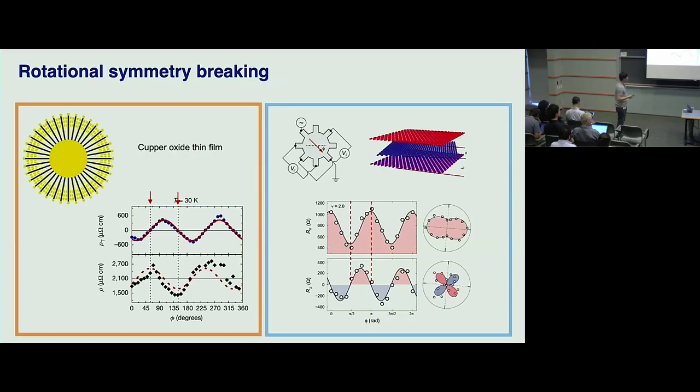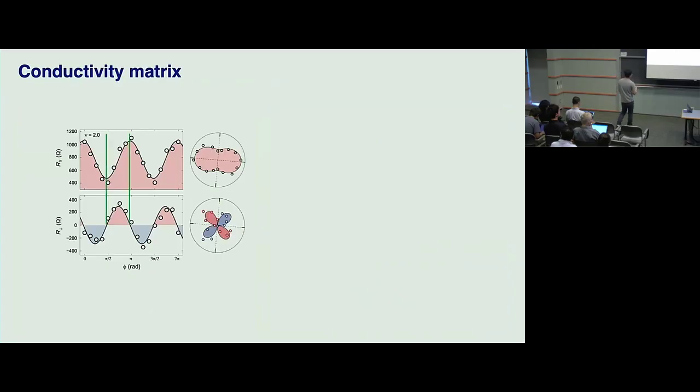So let me explain what this angular dependence means. These two lines mark the two characteristic directions. Along those directions, current flow does not induce a transverse resistance. So using this angular dependence, we can fully extract the conductivity matrix. If we use these two directions as the x and y axes, then the conductivity matrix essentially looks like this. It has no off-diagonal terms. That's why the transverse resistance is 0.